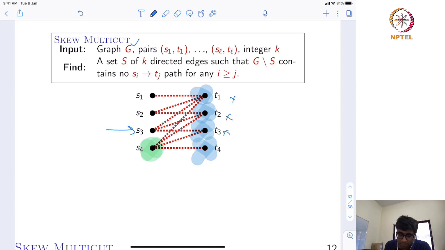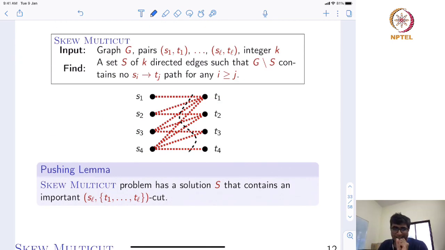We are looking to delete a set S of edges so that there is no path from S4 to T4, T3, T2, T1, and from S3 to T3, T2, T1, but for S3 to T4, maybe they are disconnected or maybe there is a path. We do not care. So this is what skew multicut is. I would request you to pause this video for a couple of minutes and absorb the definition of skew multicut properly.